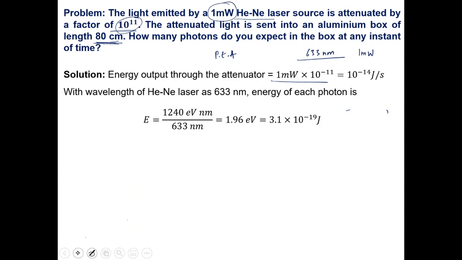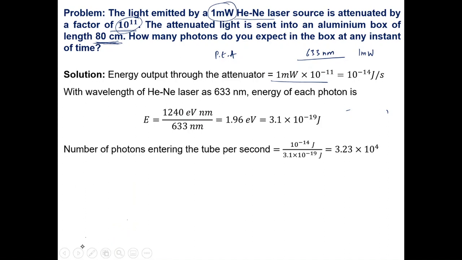So as I said, we find the energy of the light source. So basically 633 is the wavelength of the light source. So the energy of each photon is going to be hc by lambda, and hc is nothing but 1240 electron volt nanometer divided by 633 nanometers.